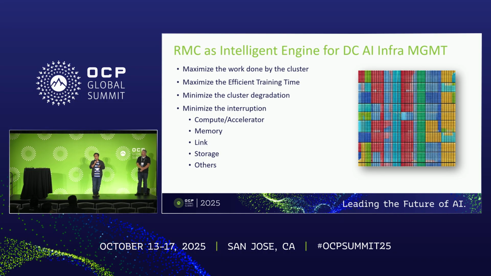Probably you heard from the keynote that cluster scale size is already migrating to multi-million accelerators over multiple regions. For single AI workloads, we have to maximize work done by the cluster, and we also need to maximize efficient training time, the utilization.